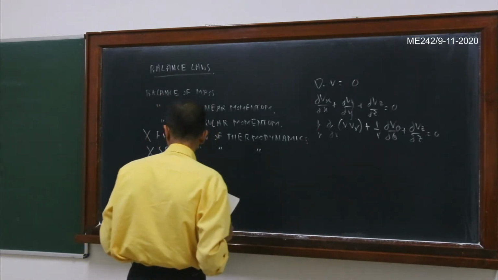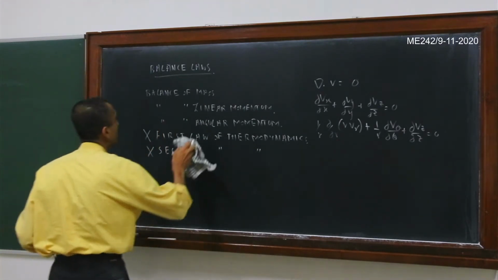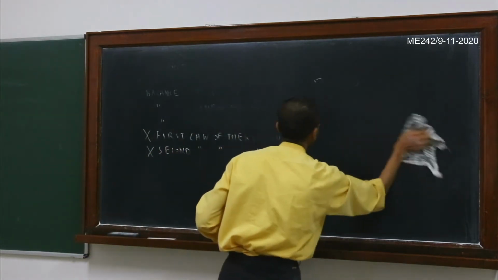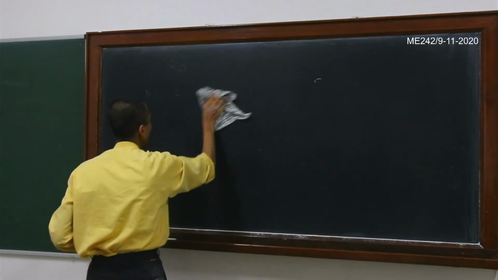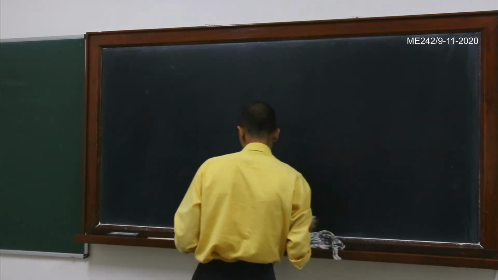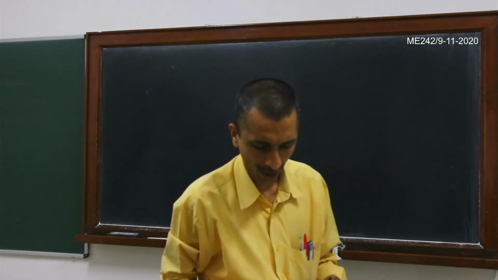Okay, so now let us look at how do we go about deriving these balance laws. Fine. So we'll first introduce the concept of a material volume. Okay, so first let us look at what we mean by a material volume.